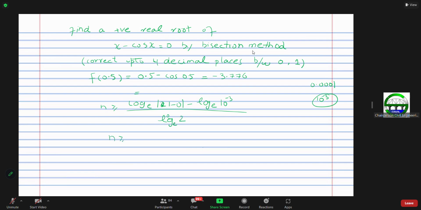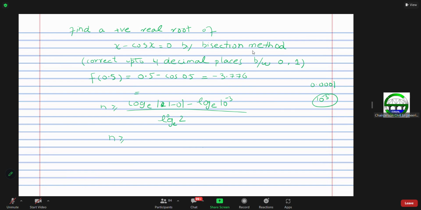So can anyone tell me the answer, please? What is this answer? Let's think about how many iterations we have to do. Can anyone solve it and tell me the value of n, please? 9.10.